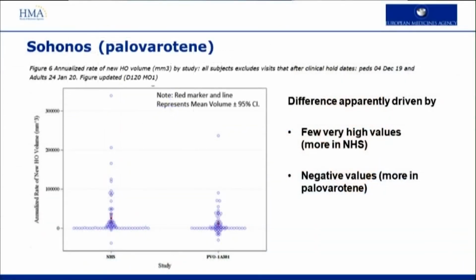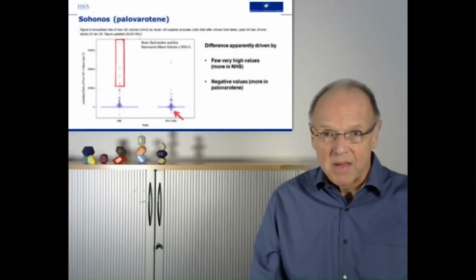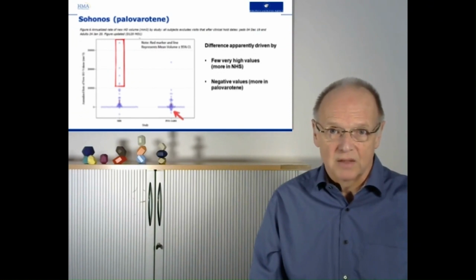There are more apparent outliers in the untreated group. There are more negative values in the treatment group. And while it would be fantastic if there was a way to decrease, to eliminate the heterotopic bone after it had been formed, there is no evidence that a retinoic acid receptor gamma agonist could achieve that.